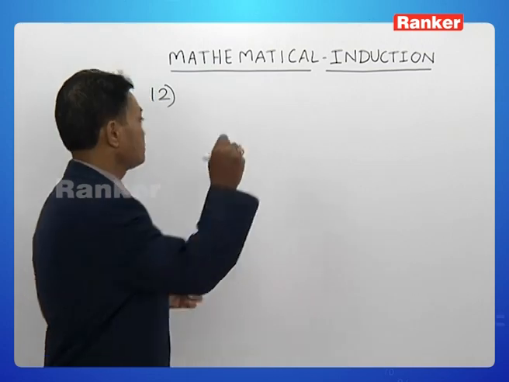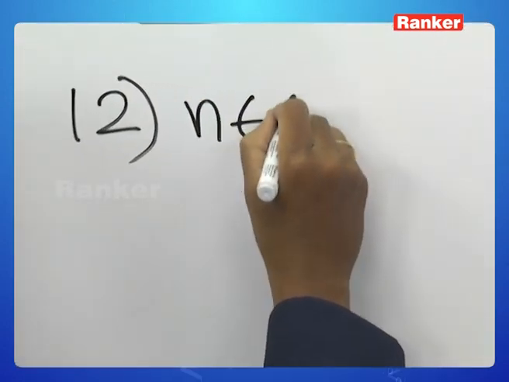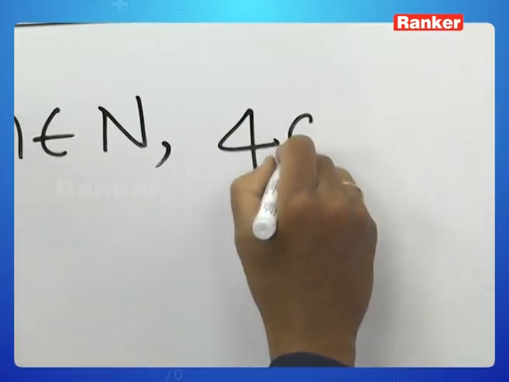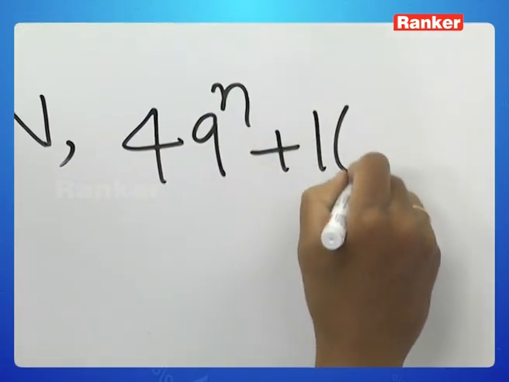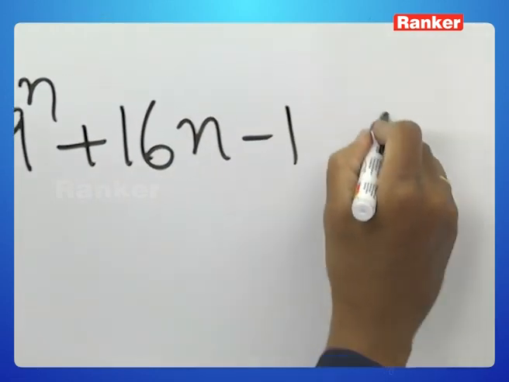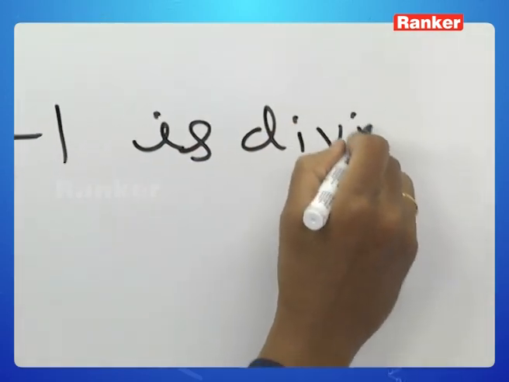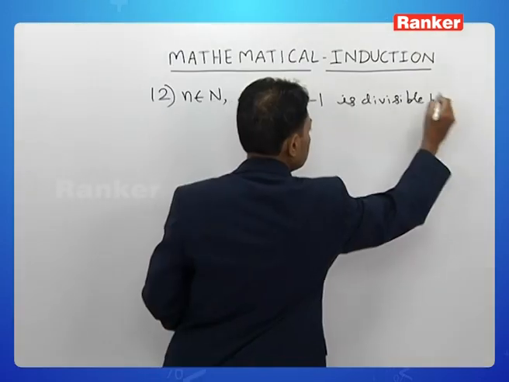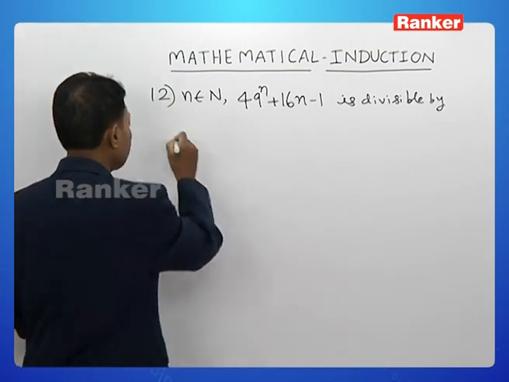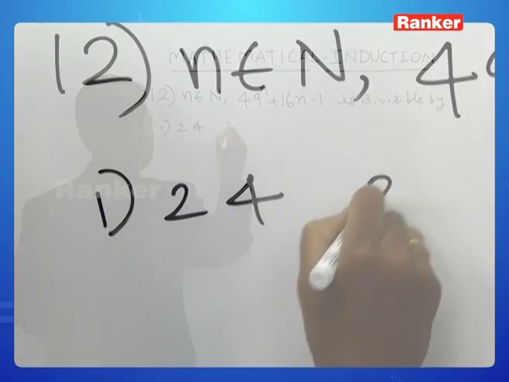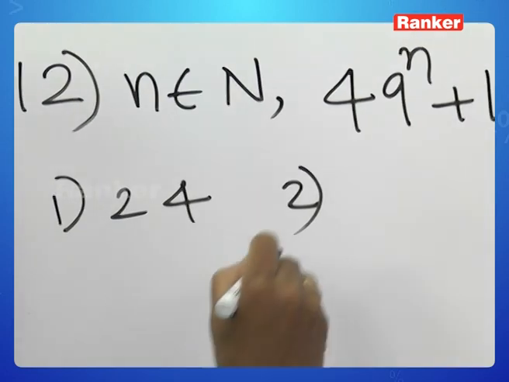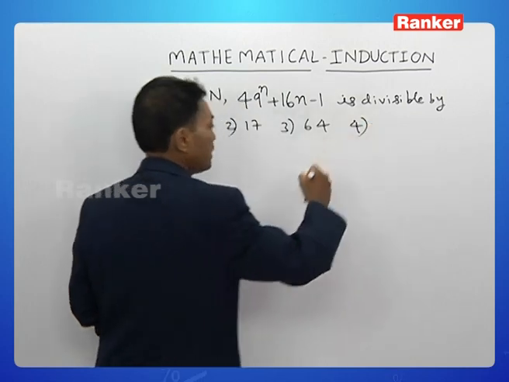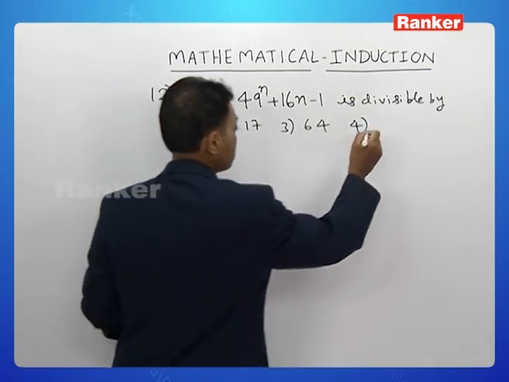N belongs to natural numbers, right? 49 power n plus 16n minus 1 is divisible by, least possible, what is the least possible value? First option 24 given, second is given 17, third is given 64 and finally fourth is given 676.